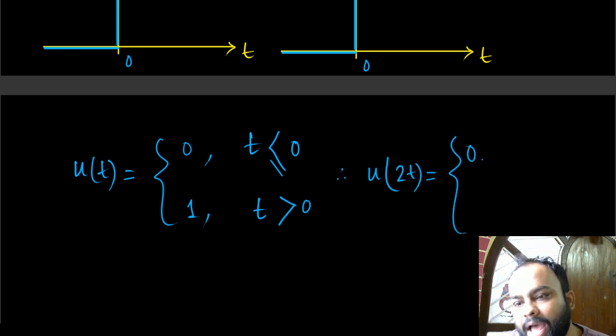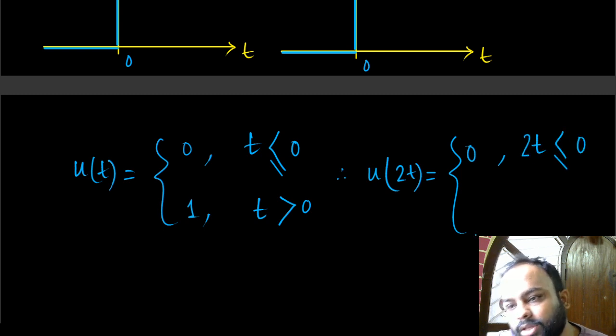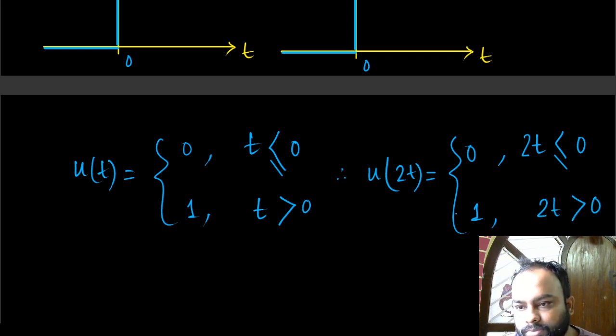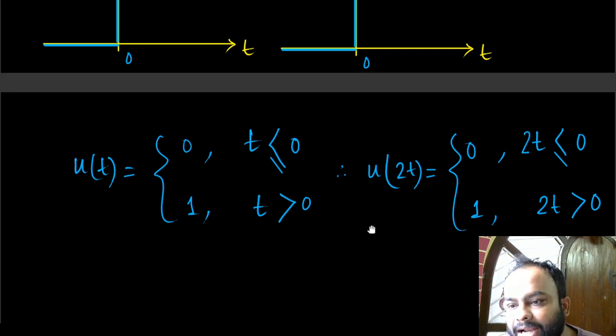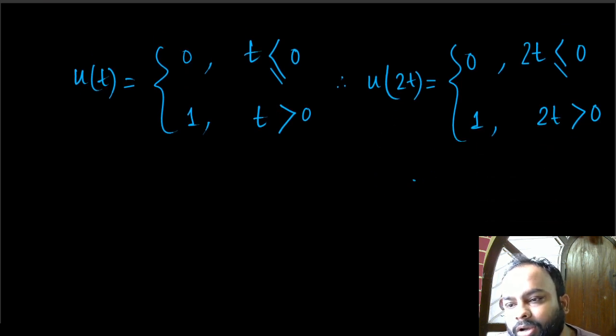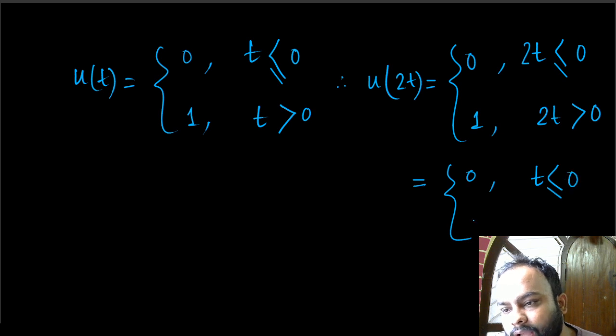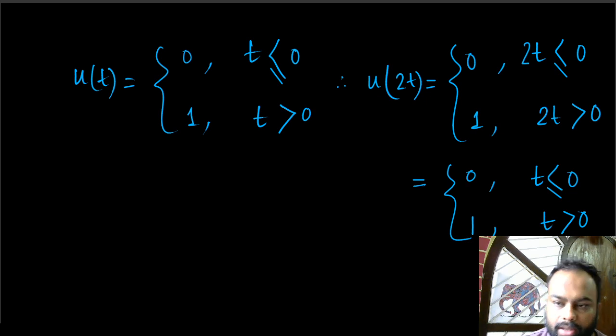This is 0 as long as 2t is less than or equal to 0, and this is 1 as long as 2t is greater than 0, right? So this is identical to saying that this is 0 when t is less than or equal to 0 and 1 when t is greater than 0. So there is really nothing that changes here, right?